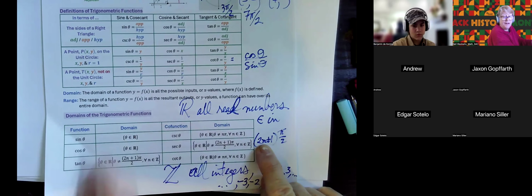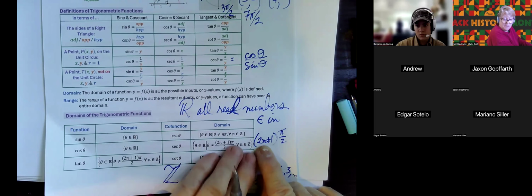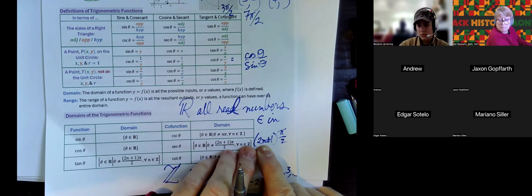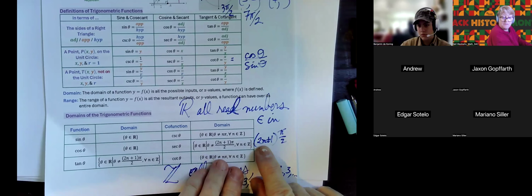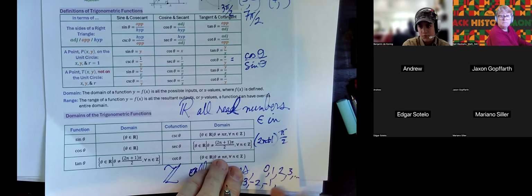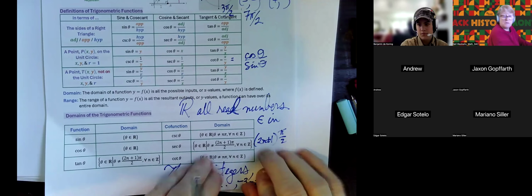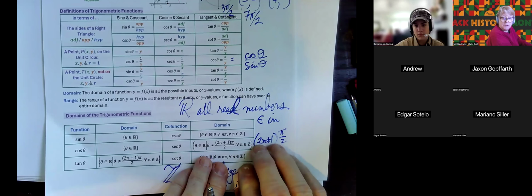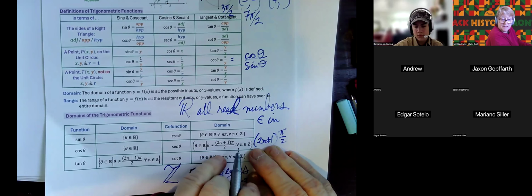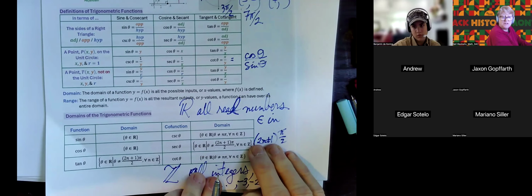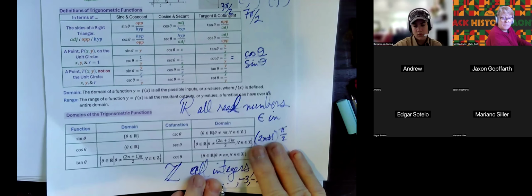Plug in any integer at all. And what do you get? Tell me an integer. 5. 2 times 5 is 10, plus 1, 11. Good. So if n is an integer, 2n plus 1 will be an odd number.